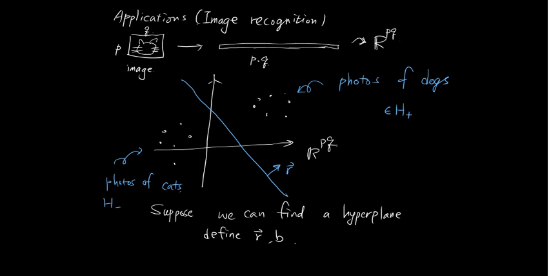So in the future, you can make a prediction. If you have a new photo and suppose it is in H plus, then you can predict, okay, I think this new photo is closer to a dog. On the other side, if it is in the region of H minus, then it is a cat.